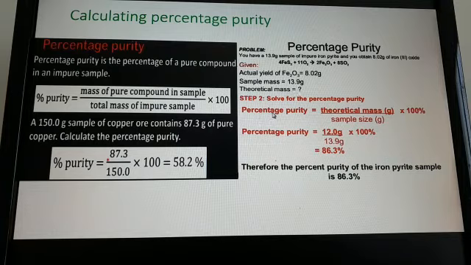So percentage purity is theoretical mass divided by sample size into 100. That is 12 gram divided by 13.9 into 100, 86.3%. Therefore, the percentage purity of the iron pyrite sample is 86.3%. And this is about percentage purity.